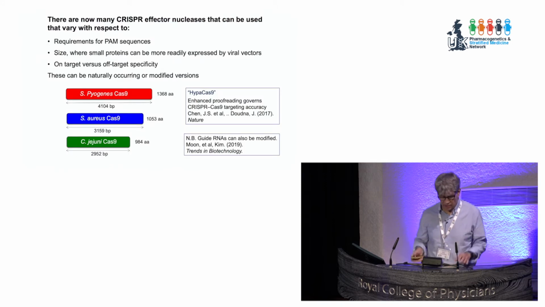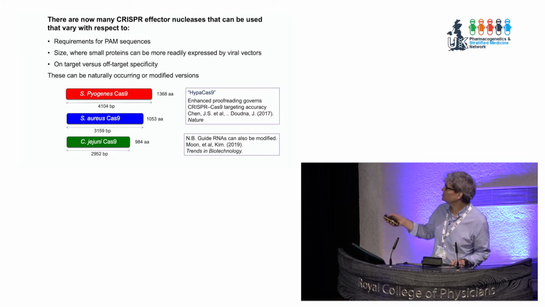I'm going to talk mostly about CRISPR-Cas9 because that's where the activity is in terms of new research, but we mustn't forget the other ones, which are also very useful. There are now many CRISPR-associated nucleases that can be used, which vary in their properties in terms of requirements for specific sequences to allow them to interact properly with the target DNA, the so-called PAM sequences.